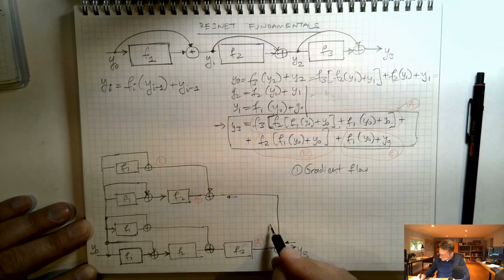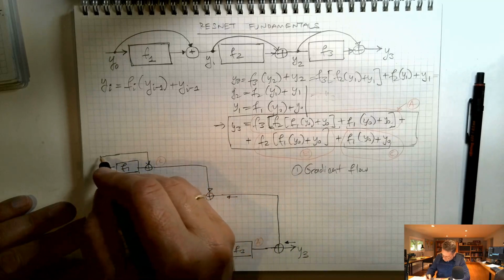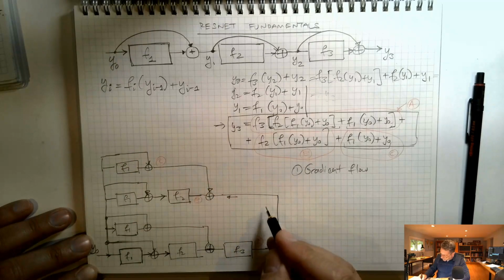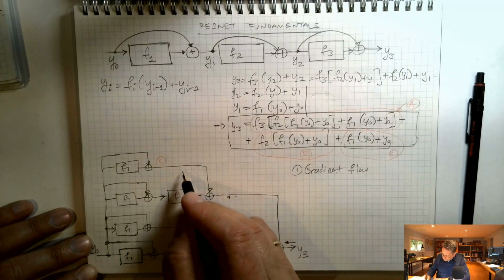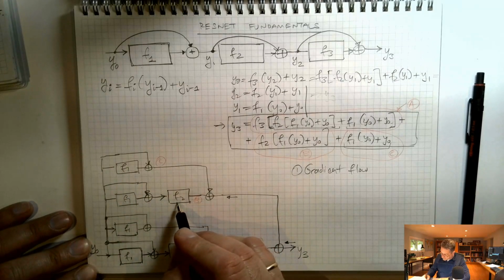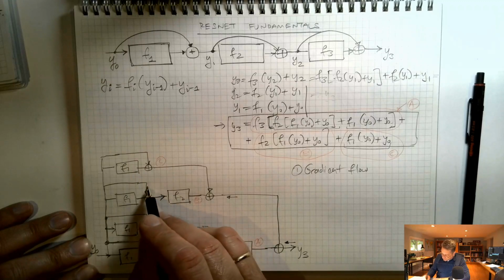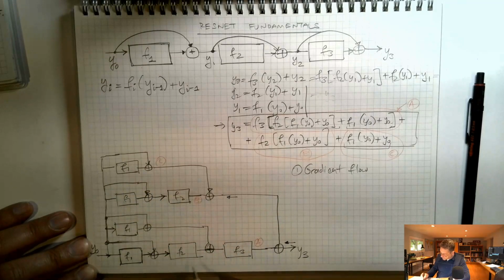Let's say it has this path that simply follows all the way to the input y0, the other path that goes through this f1 to go to the input, this path through f2 and f1, or via this skip connection, and so on and so on.